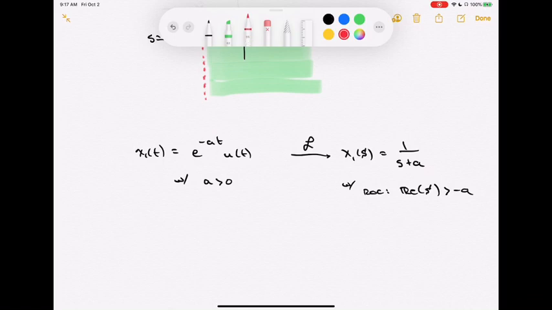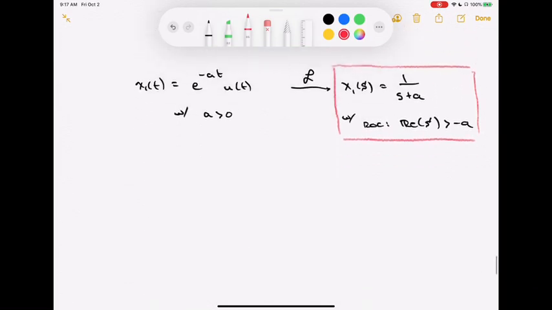When you're doing bilateral Laplace transforms, it is absolutely crucial that you include that region of convergence. Your answer is not complete without that region of convergence specified. Let's do another example that will help highlight why it's so necessary to do that.